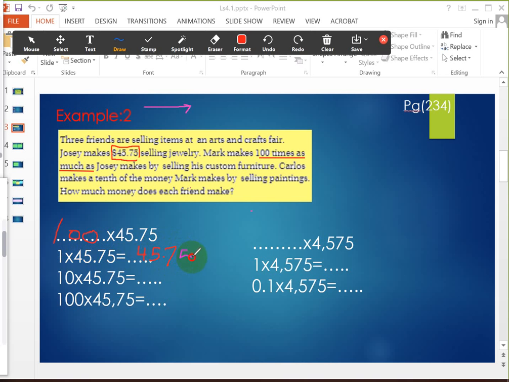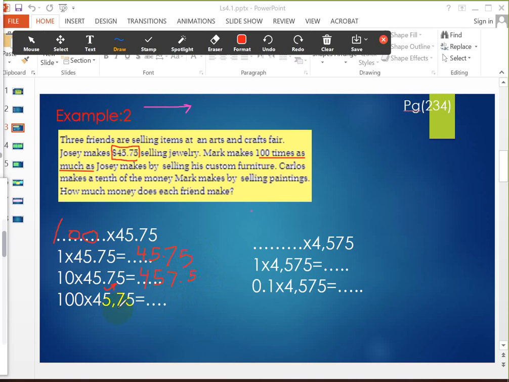Okay, now when we multiply 10 with any number, or with a decimal number, you have to move the decimal point to the right side, number of digits equals number of zeros. That means I have to move the decimal point one digit from here to here. So the number will be 457.5.